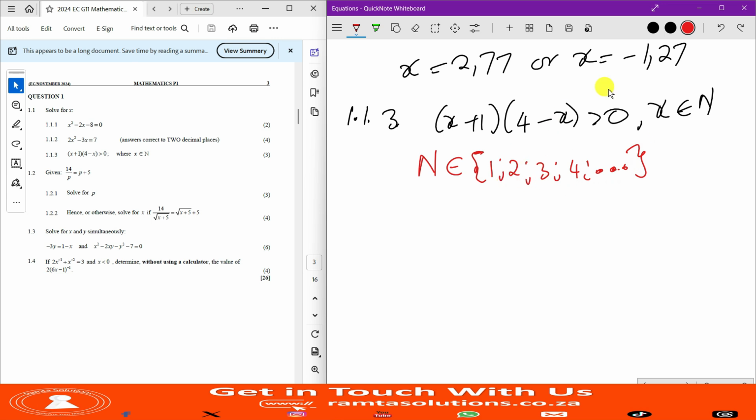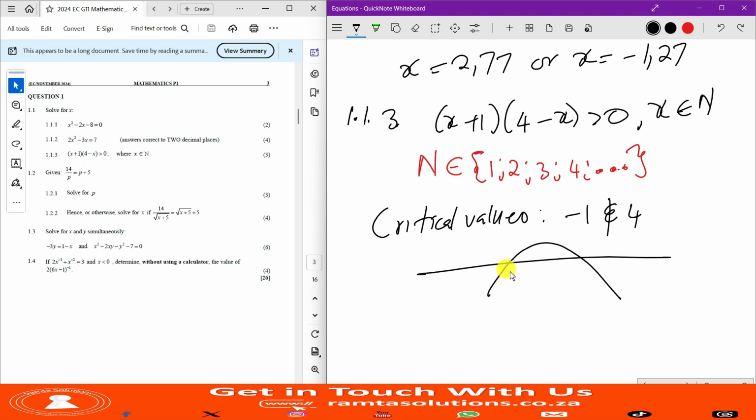But why is this question saying natural numbers? Let's now answer this question. Here we can see critical values. Our critical values here are x equals -1 and x equals +4. So this is a frowning parabola.